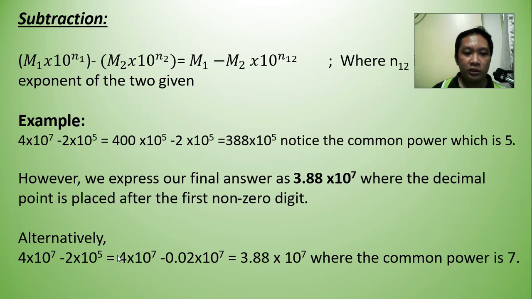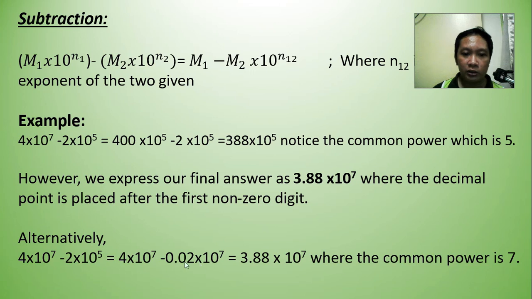Alternatively, you will notice also that instead of manipulating on this side, we will manipulate on this side. Okay, we would like to have uniform power, so we could manipulate this in such a way that it will become 0.02 times 10 to the power of 7. Notice that we move the decimal point by 2 places.